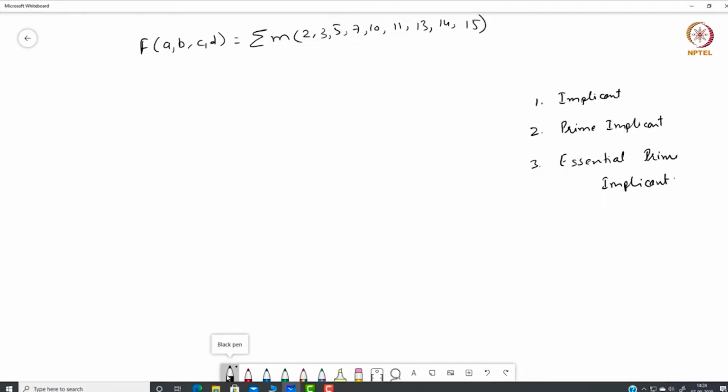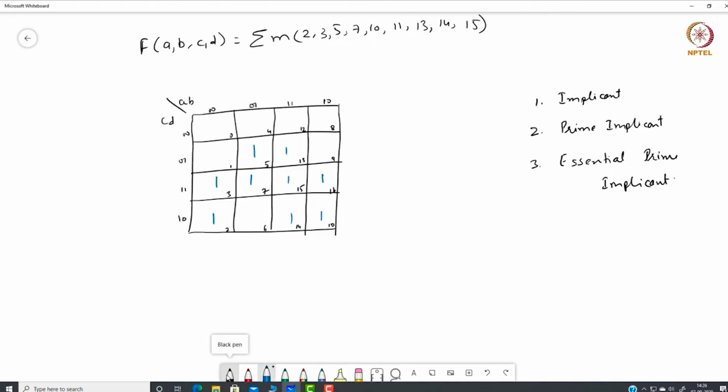Let us draw a K-map corresponding to this expression, to make our understanding a little easier. So this is the K-map corresponding to this expression. Now let us try to define the term implicant.